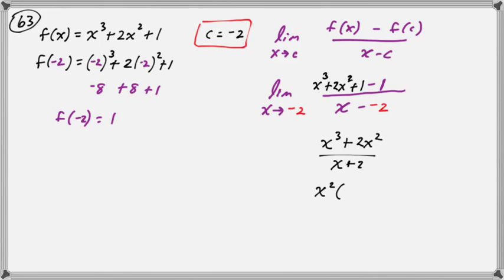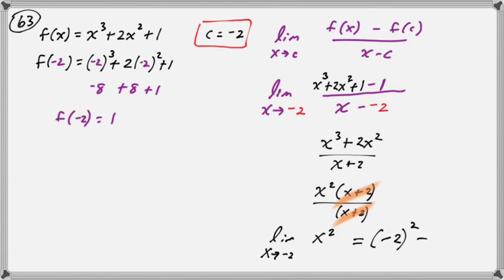Factor out an x squared, and you might notice that x plus 2 will cancel with x plus 2, leaving me simply x squared. And if I'm doing the limit as x approaches negative 2, I end up with negative 2 quantity squared, which would give me the result to be 4. So what we really found was f prime of negative 2 was 4.